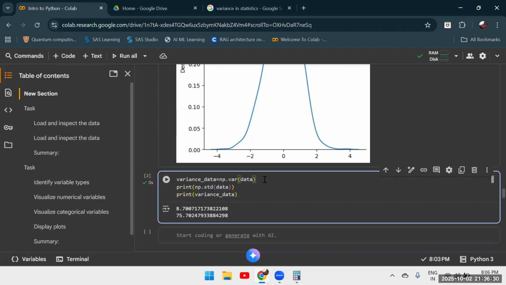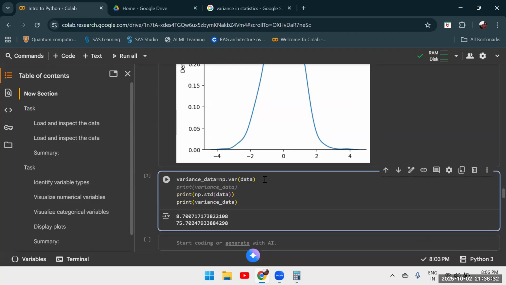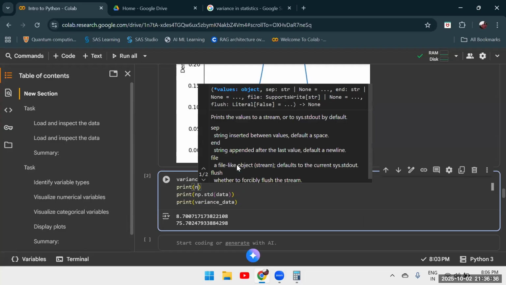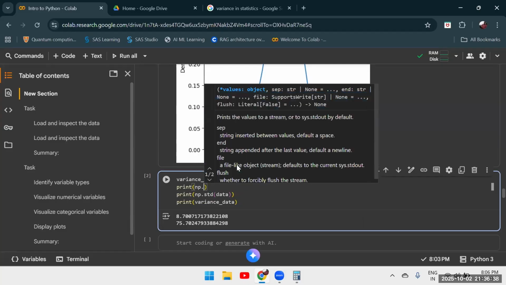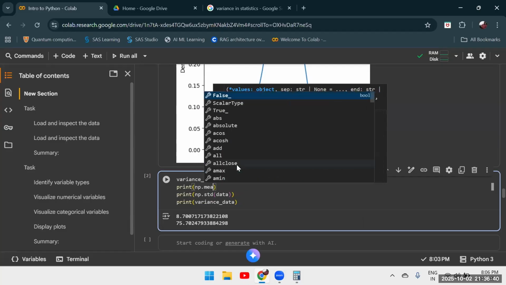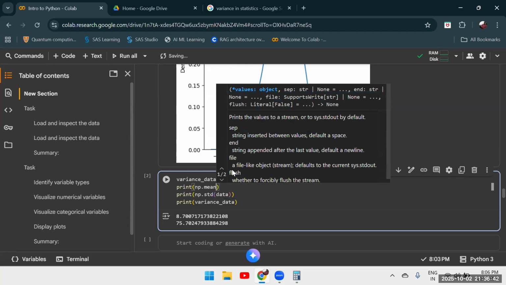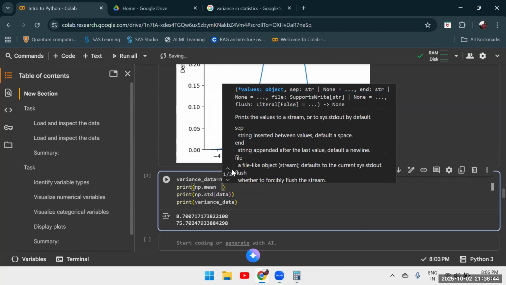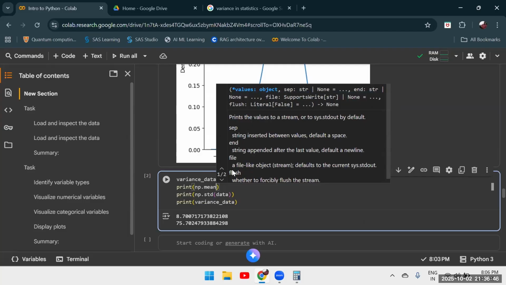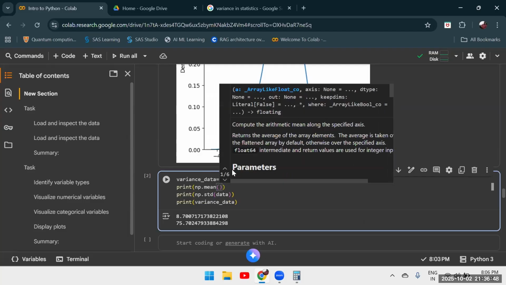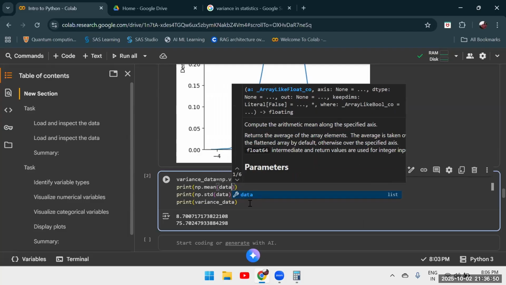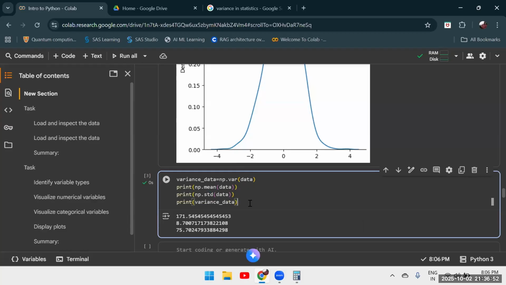So how would you compute the mean? This is not mean, this is standard deviation. How will you find the mean? Is there a function called mean? np.mean. Yes, so I have not computed the mean value. Where did you find the mean value here, Raghav? I didn't compute the mean itself.